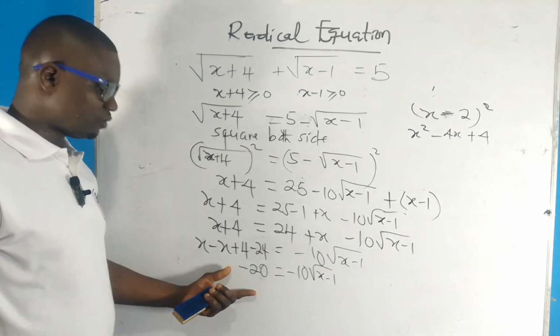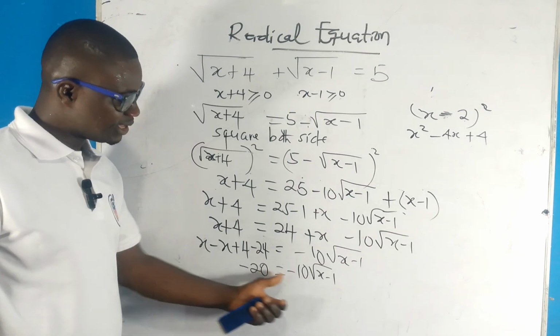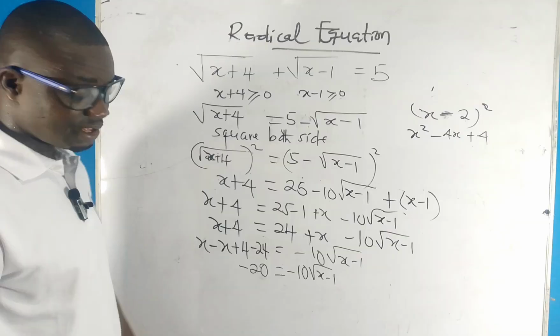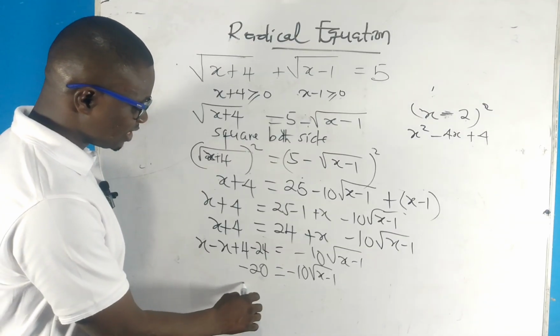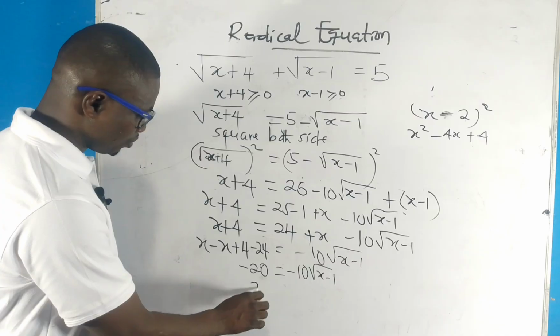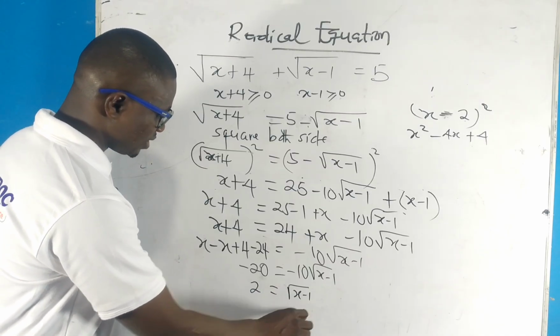Now from this level, we can simplify by dividing through by negative 10. So the negative 10 cancels on this side, and minus 20 divided by minus 10 will give you 2 is equal to root x minus 1.